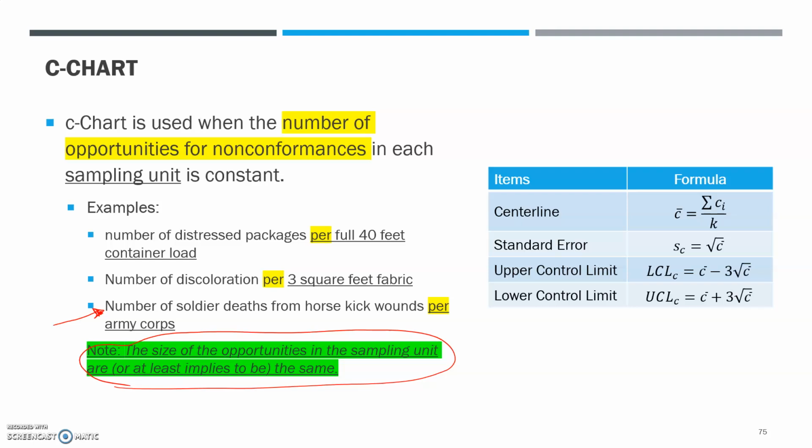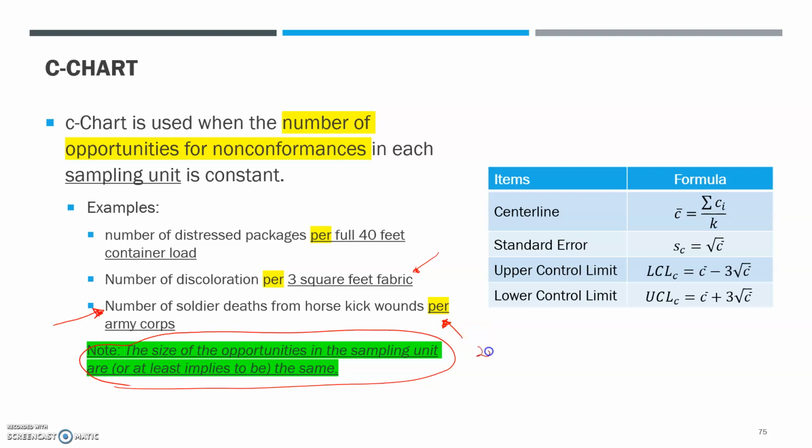There are only so many packages you can fit into a full 40 feet container load. And there are only so many mistakes you can make per 3 square feet of fabric, right? The size of the per army corps is going to be constant, right?